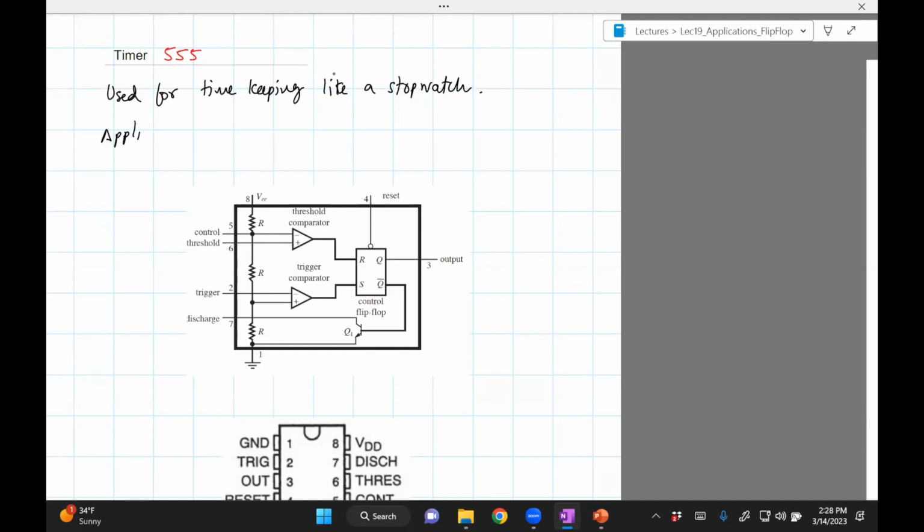applications in many things. I'll list a few. Bounce free switches. Cascaded timers.